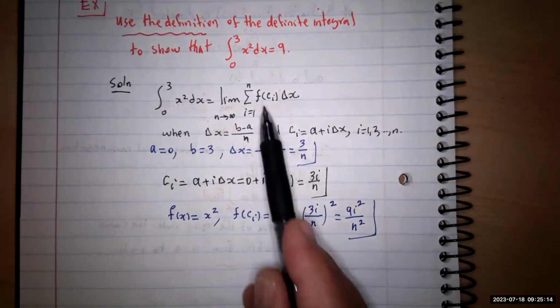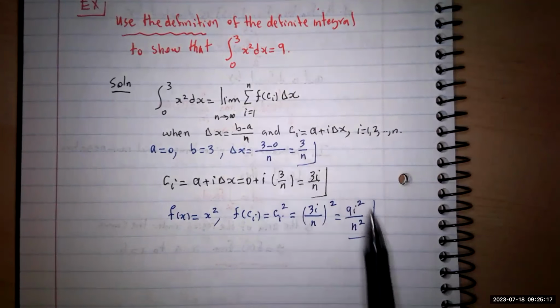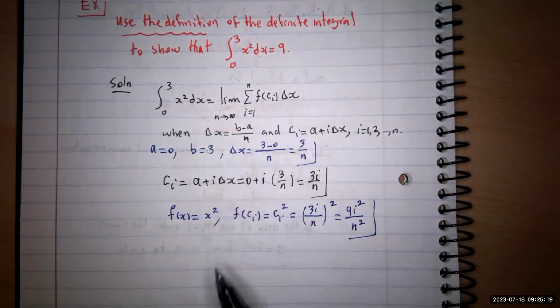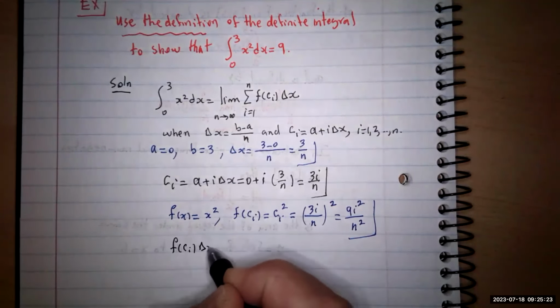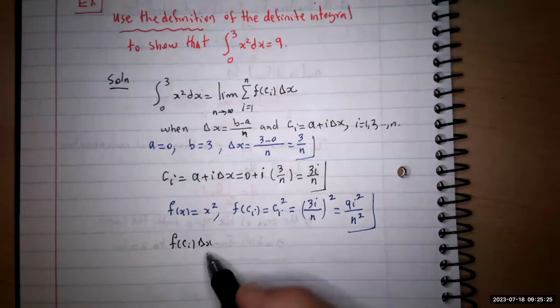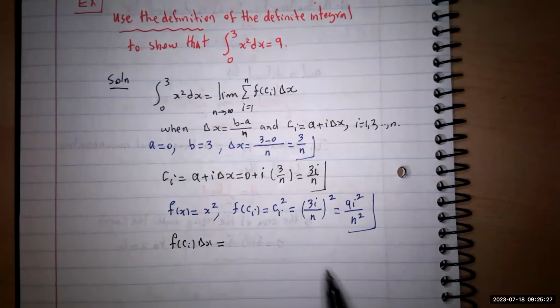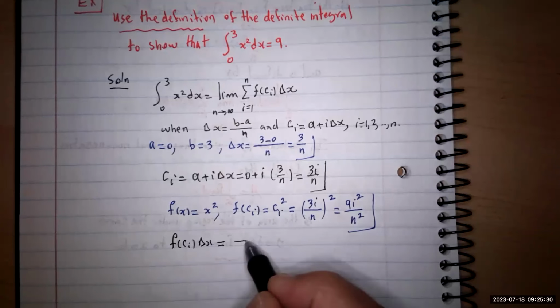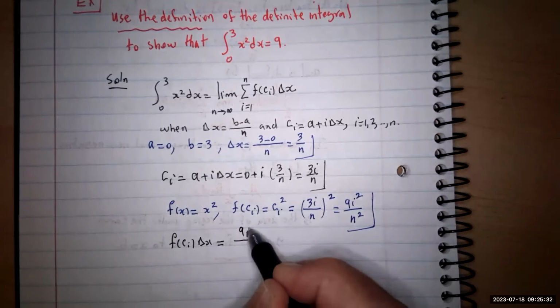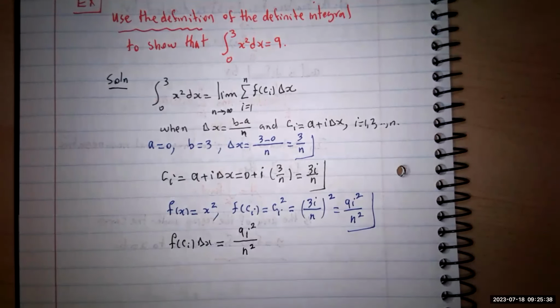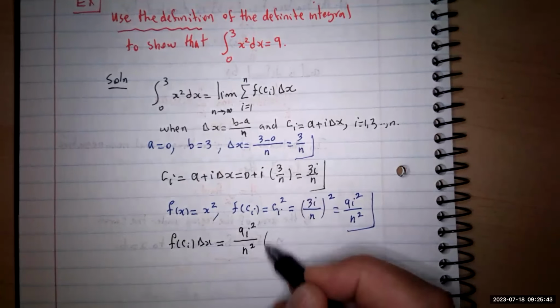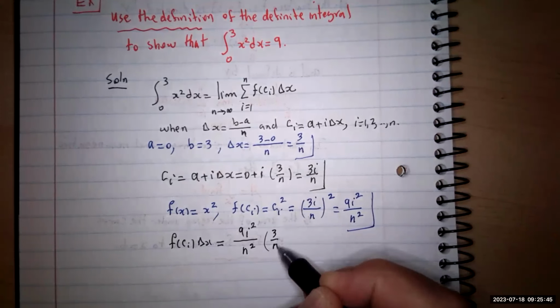Next, f of ci times delta x. Multiply them together. f of ci is 9i squared over n squared, multiplied by delta x, which is 3 over n.